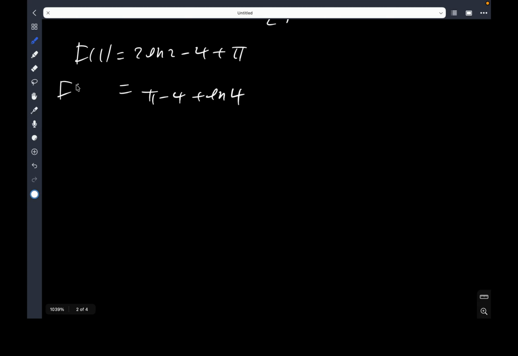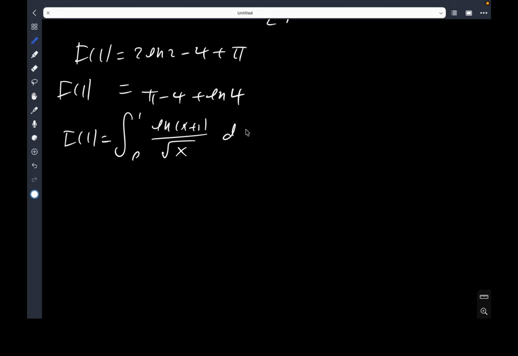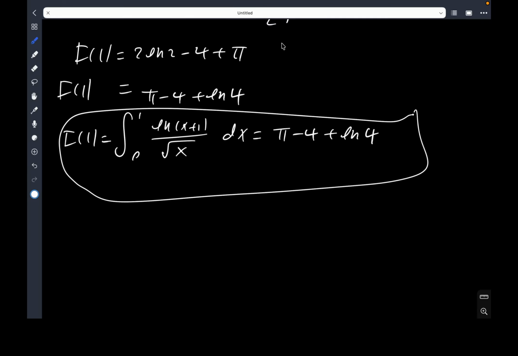And we found our I of 1, which is the integral from 0 to 1 of ln of x plus 1 over root x dx, which is equal to pi minus 4 plus ln 4. And that is the final form of our integral.